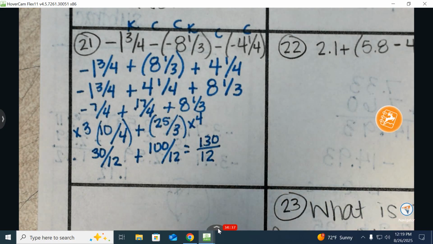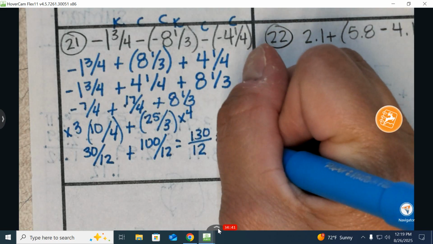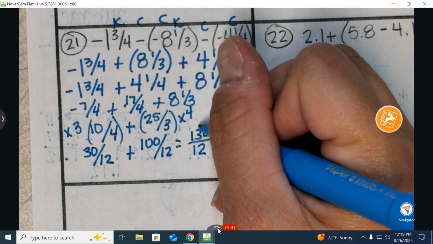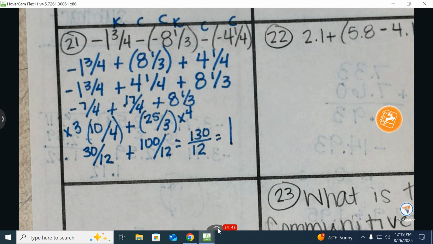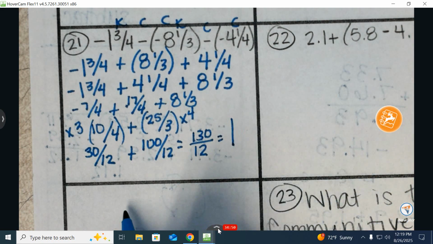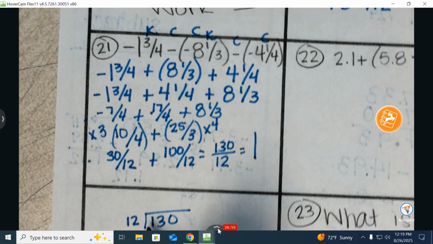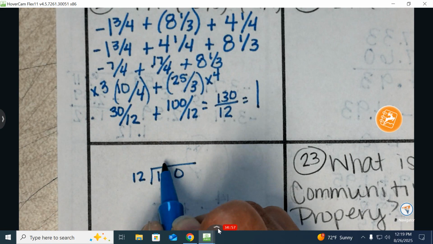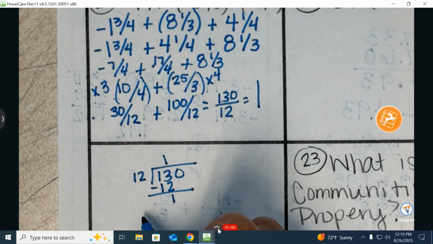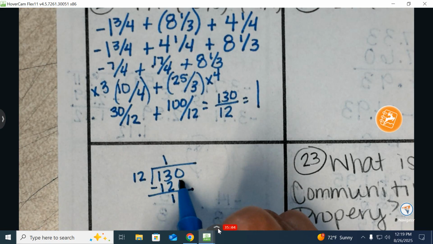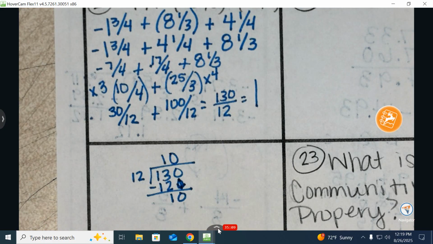12's into 130. Well, 12 will go into 13. I'm going to divide it down here. 130 divided by 12. 12 will go into 13 one time. Subtract. 12 won't go into 1, so I'm going to bring down my 0. 12 will also not go into 10.